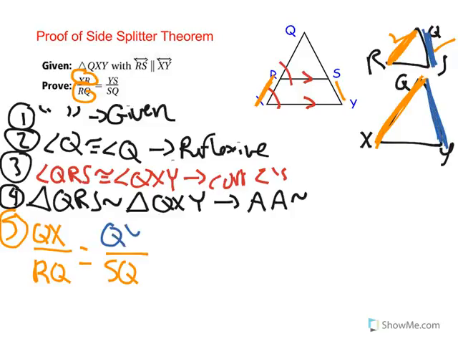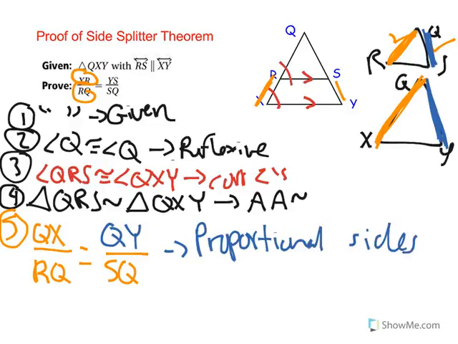So that has to go in that part. So we know that because once you have similar triangles, then those triangles have to have proportional sides. So that's what we have so far.